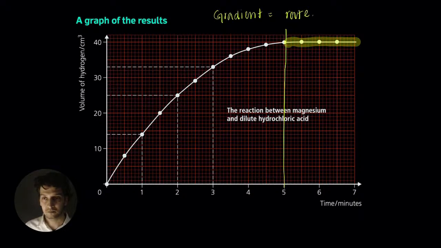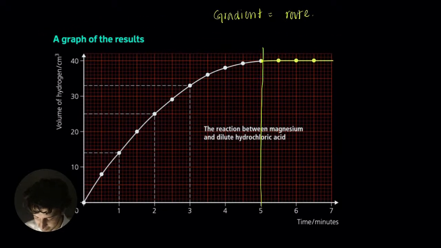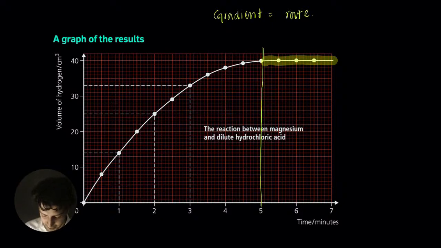Is that clear? So if I were to ask you what is the average rate of reaction over here? Let me select this and move it a bit over here. What is the average rate of reaction?